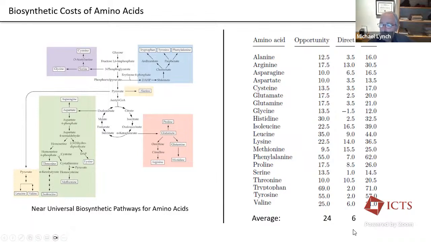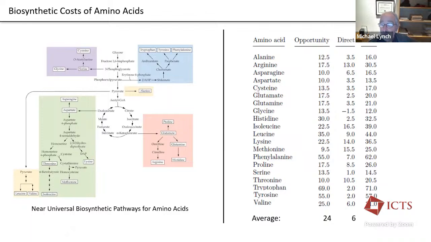And then the sum, then, the average amino acid, as I pointed out before, has a total cost of about 30. But unlike nucleotides, there's quite a bit of variation among the cost of different amino acids. So, for example, I think glycine is at the bottom of the heap here, 12 ATPs, but then you get into tryptophan, 71.